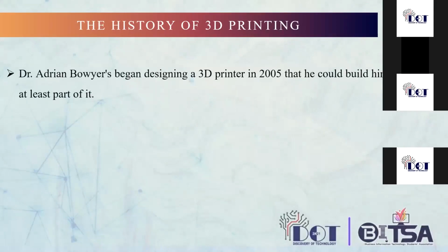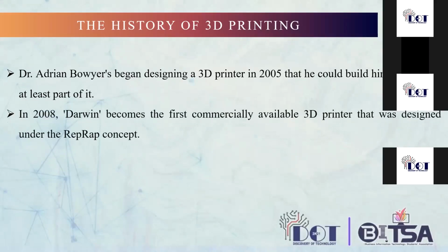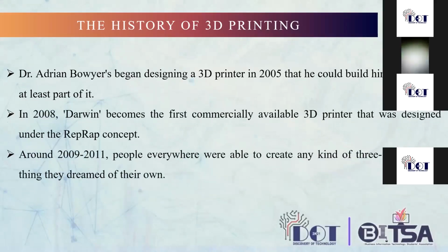Dr. Adrian Bowyer began designing a 3D printer in 2005 that he could build himself, or print at least part of it. In 2008, Darwin became the first commercially available 3D printer that was designed under the RepRap concept.